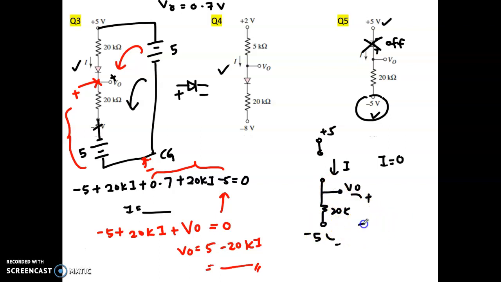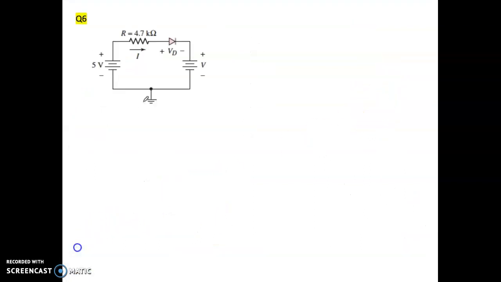So let's say the equation is minus V out plus 20 Ki minus 5 equal to 0. But what will be the current? There will be no current, right? So you can get your V out is actually minus 5 volt because it is still connected to the negative power supply.